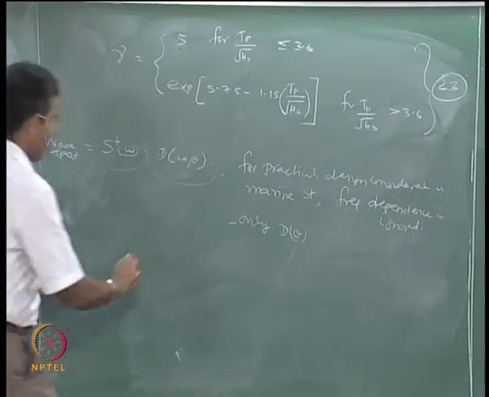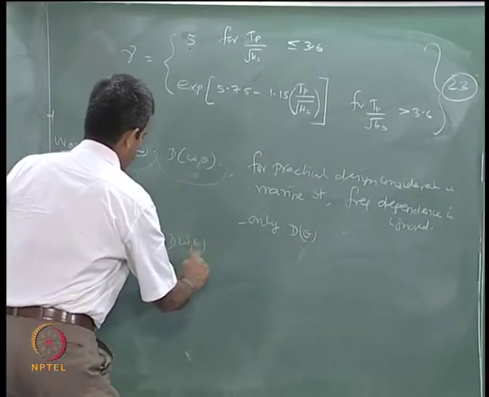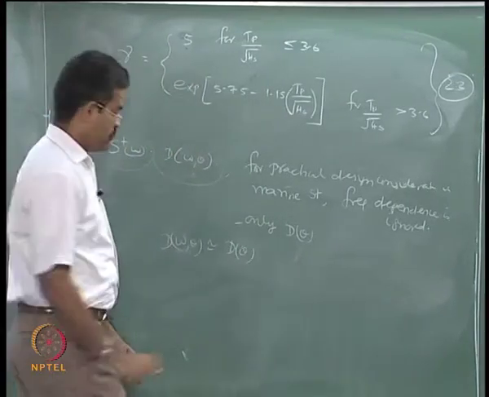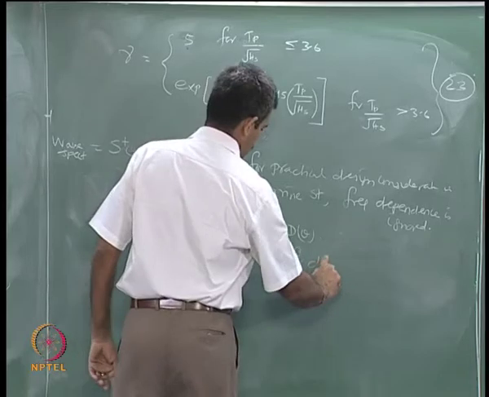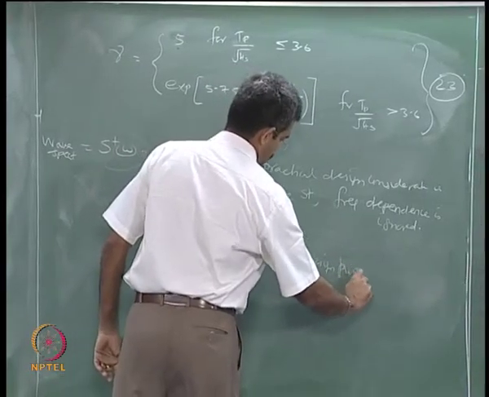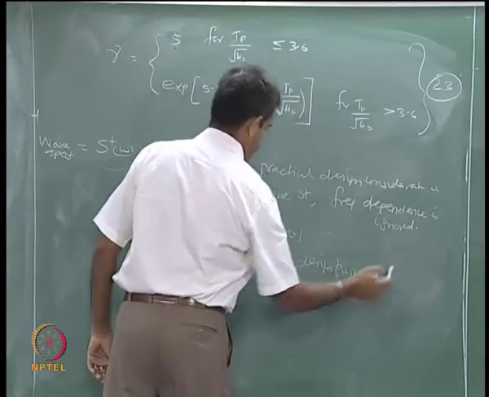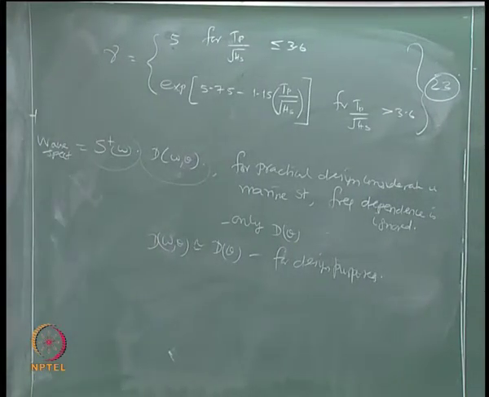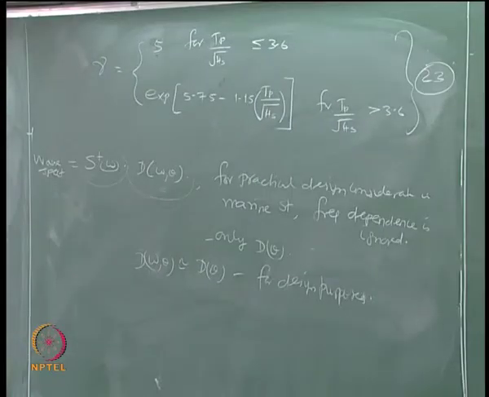So, I should say D of omega, theta is approximated to D of theta for design purposes. We neglect the frequency dependence of the function. This is about the wave loading.